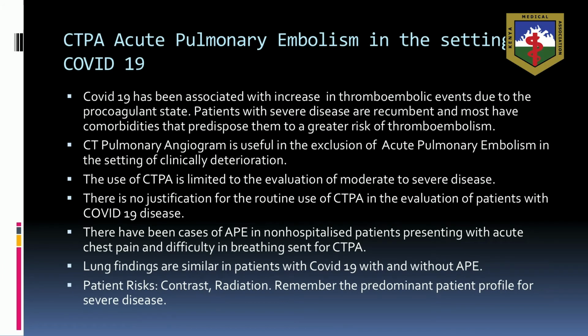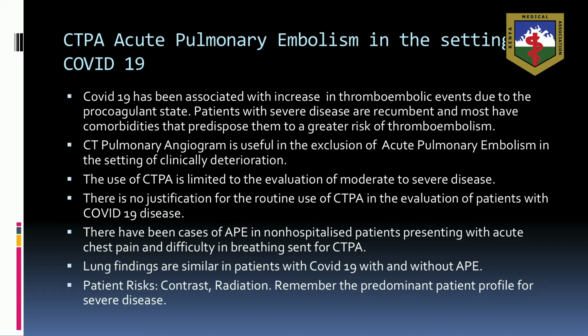So if you're looking for an acute pulmonary embolus, then you send the patient for a CT pulmonary angiogram. And it is limited to the evaluation of moderate to severe disease. There is no justification of the routine use of CTPA in the evaluation of patients with COVID-19.